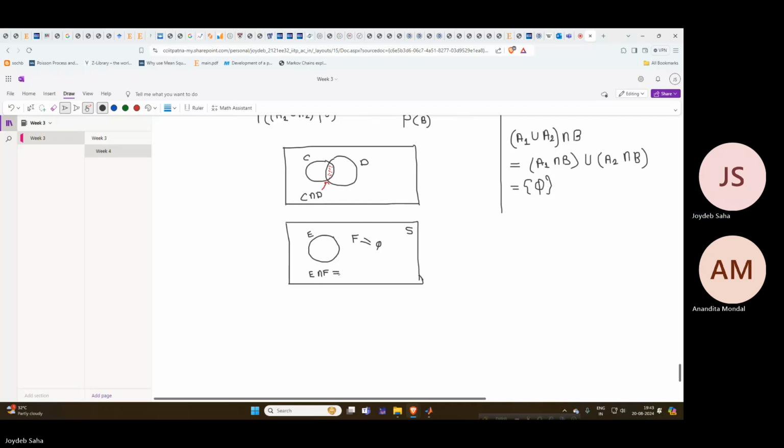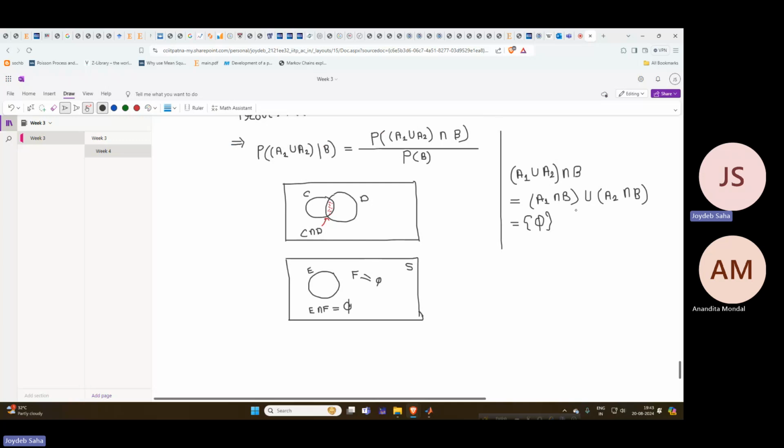Think. Exactly, null. If C was this, D was this, then the common area. If E is this and F is null, and we intersect them, then we will get null.